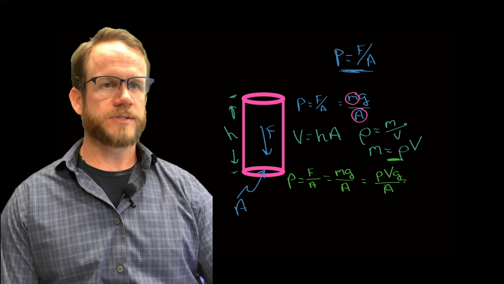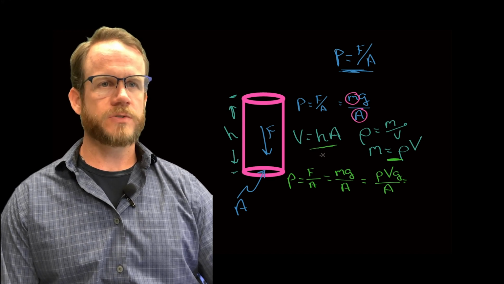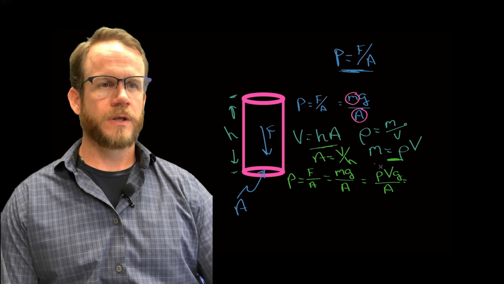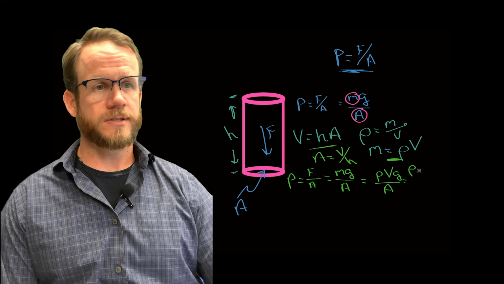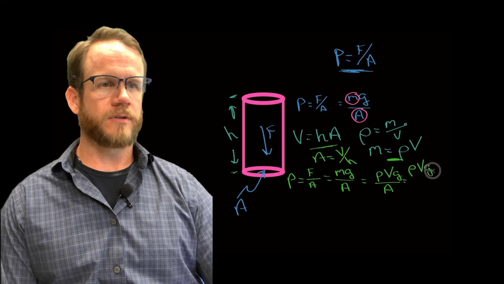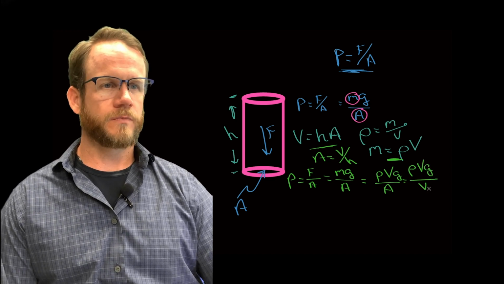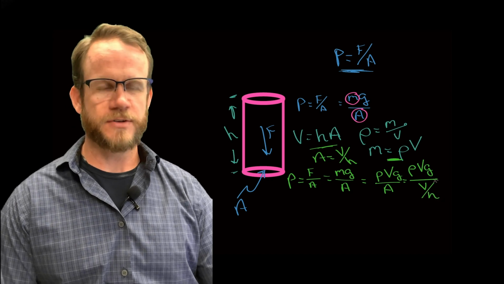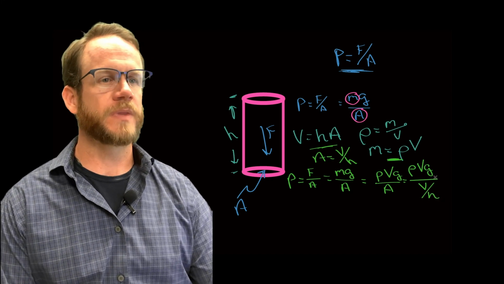And then I can replace area. If we rearrange this one, we know that area is equal to volume over height. So I can replace that, and I can say density times volume times gravity over volume over height. Again, I'm not going to make you guys do this. I just want you to see where this is coming from.